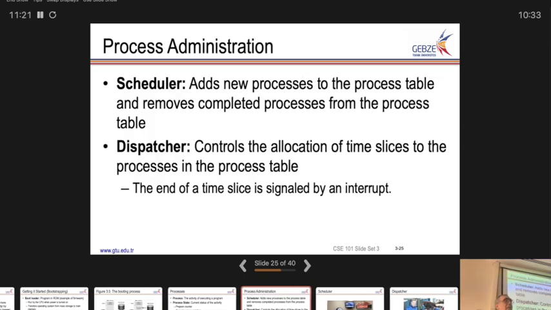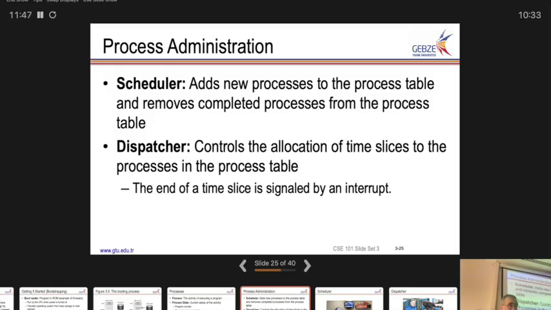The scheduler, you have multiple processes, adds new processes to the process table and removes completed processes from the process table. The dispatcher controls the allocation of time slices to the processes in the process table. The end of the time slice is signaled by an interrupt. Tick, tick, tick, tick.